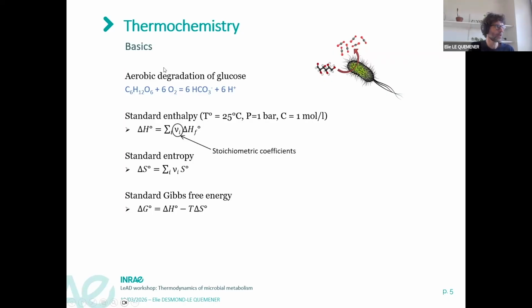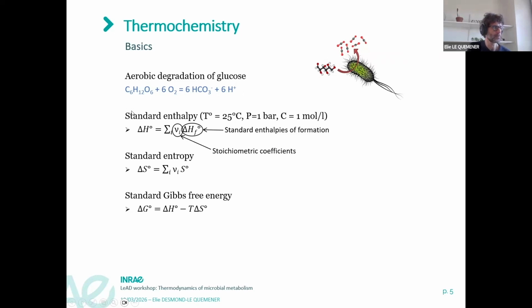So to compute this, we look at the stoichiometric coefficient and at the standard enthalpy of formation. For most of the classic chemistry compounds, people have measured this standard enthalpy of formation, so for glucose, oxygen, carbonate, etc.